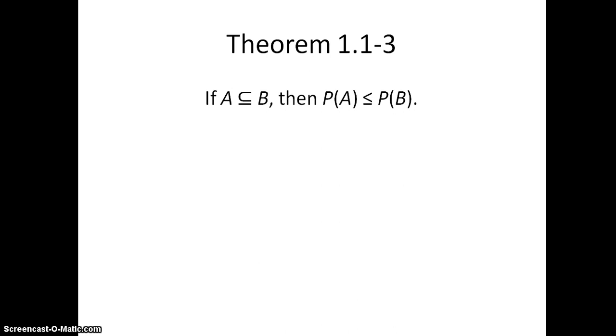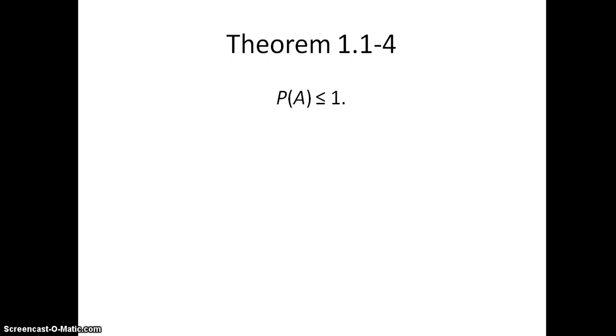The third tells us that if A is a subset of B, then the probability of A has to be less than or equal to the probability of B. Our fourth theorem tells us that the probability of A is less than or equal to 1.